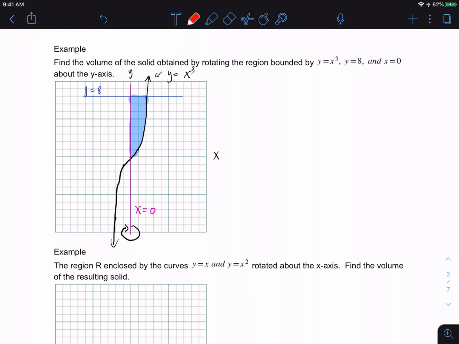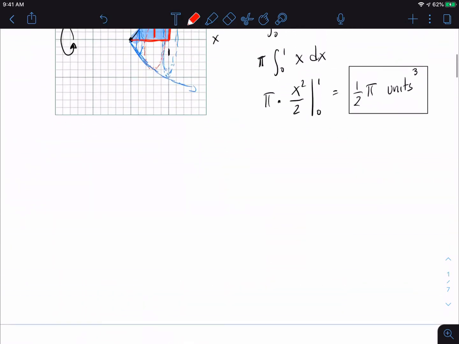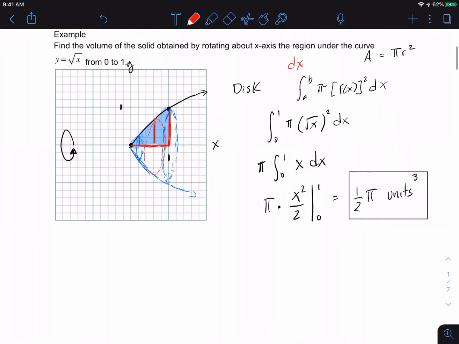Yes, it's going to be a horizontal slice, and it's going to go this way. Now, an important thing to talk about: in the previous problem I said it's a disk method, and I kind of took it for granted why. The reason that one was a disk method was, was there a gap at all to the x-axis?